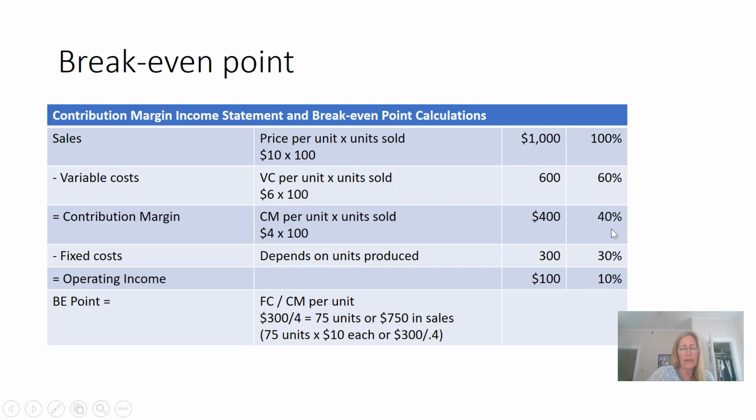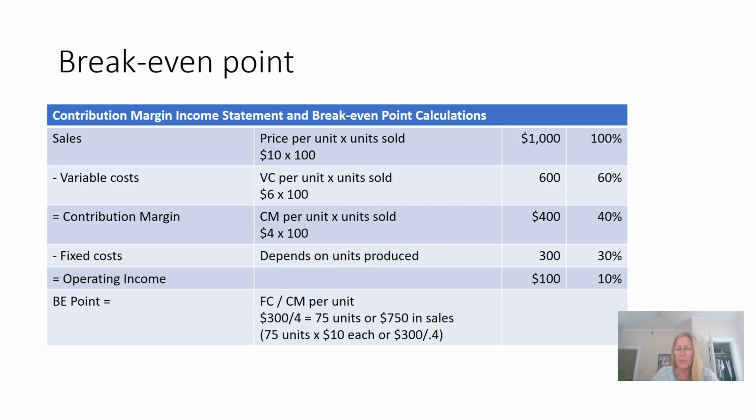Let's go to the next line item though, because this one is a little different. So we subtract from the contribution margin the fixed costs. And I don't have anything in here because it depends on the number of units produced. And I'm always cautious about unitizing fixed costs for that reason. Because if we start changing this volume here, then this is going to change. So I generally leave it in total, which if you remember the break-even formula, we always deal with it in total.